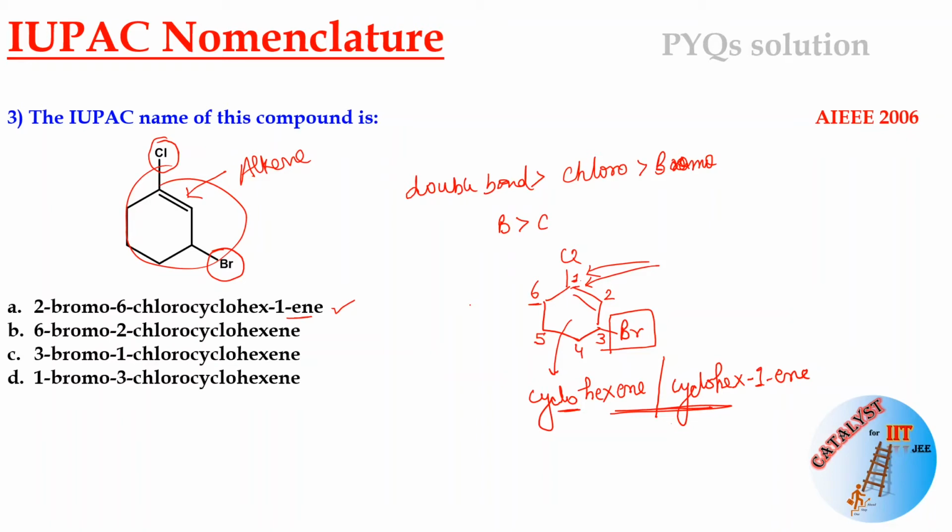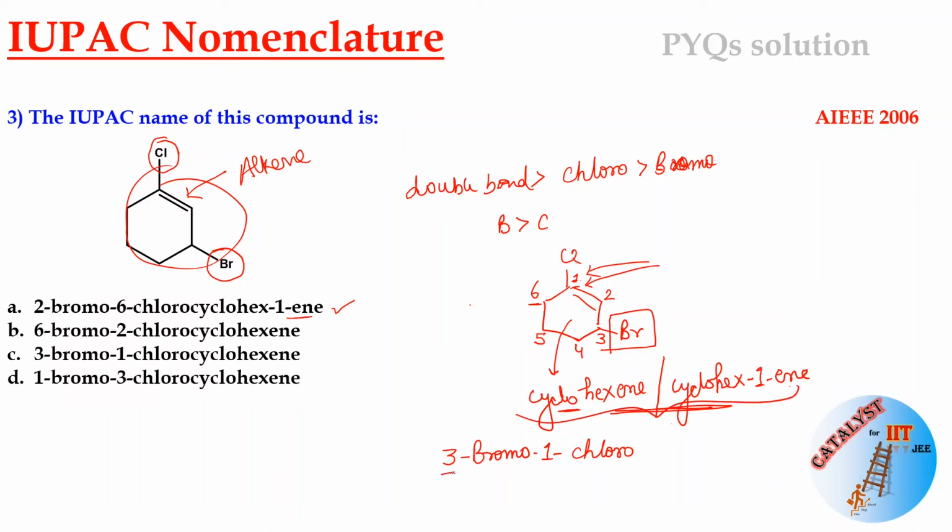Now on first position your chlorine is present, and on third position bromine is present. So according to alphabetical order, you have to write it like this: 3-bromo, 1-chloro. Now this name, either this or this.